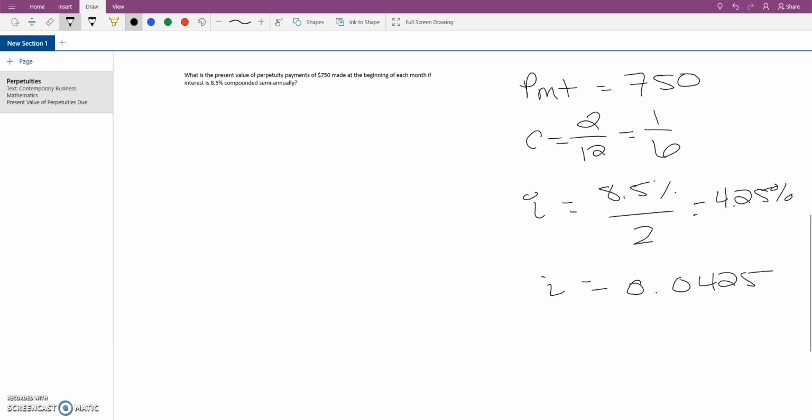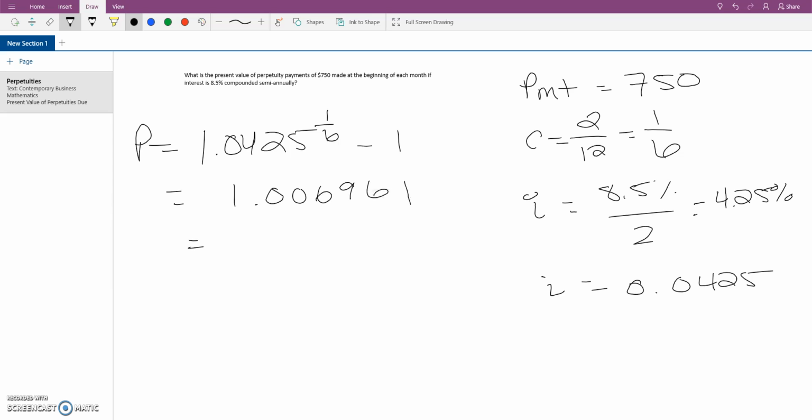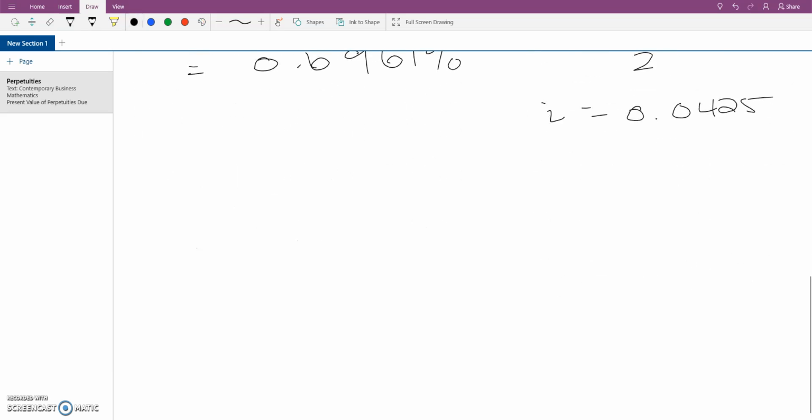So the equivalent monthly rate of interest is P equals 1.0425, because remember it's 1 plus interest to the power of 1/6, because it's to the power of c, minus 1, which ends up equaling 1.006961, otherwise known as 0.6961%.